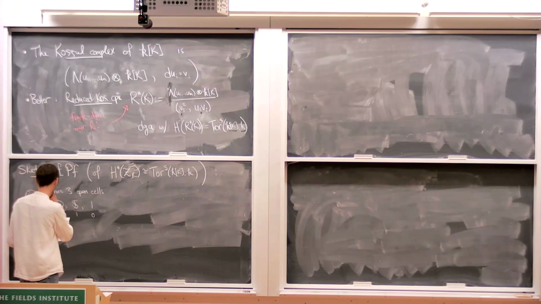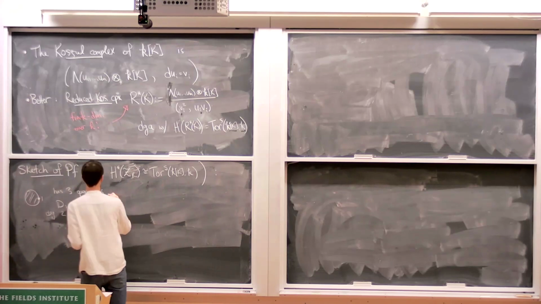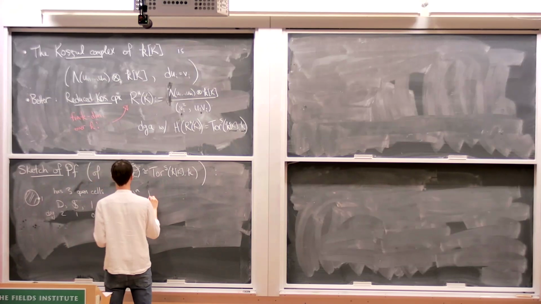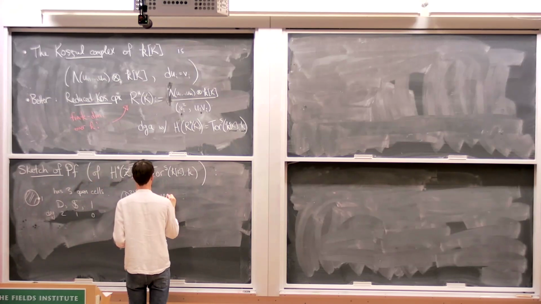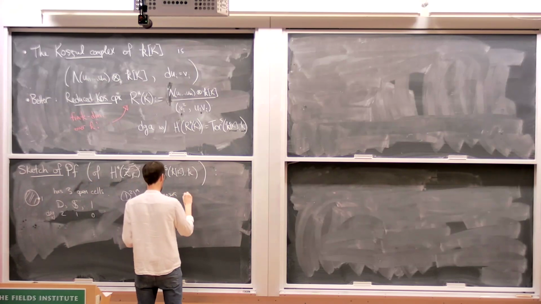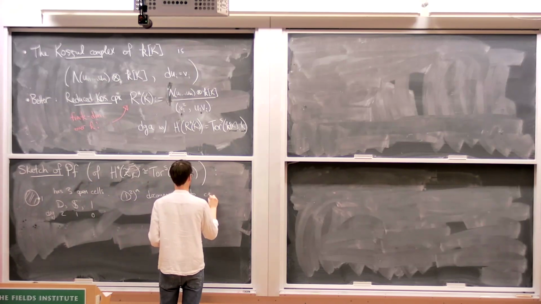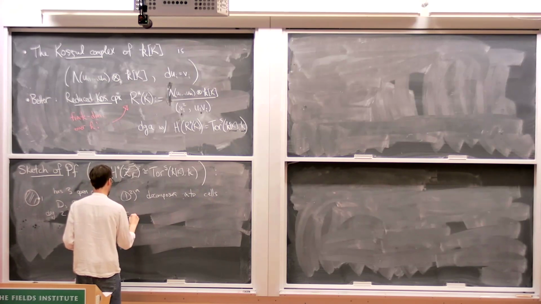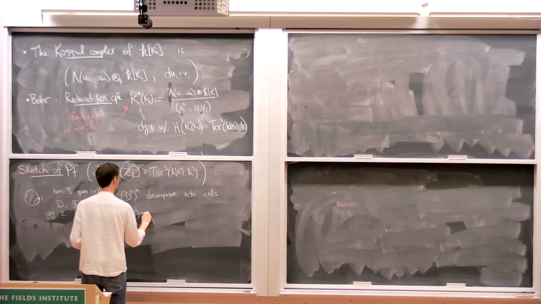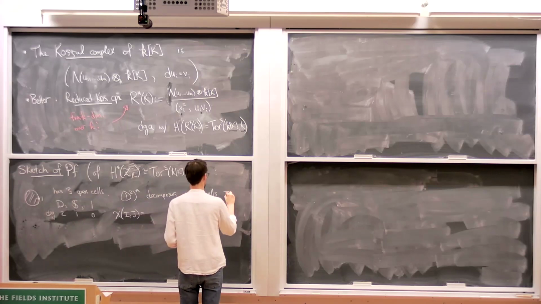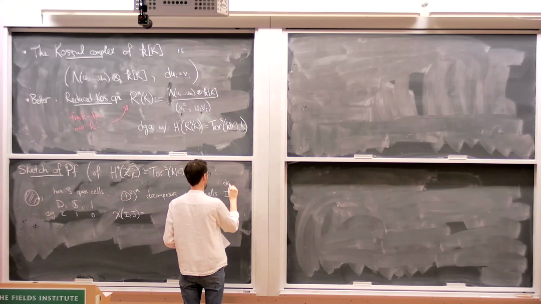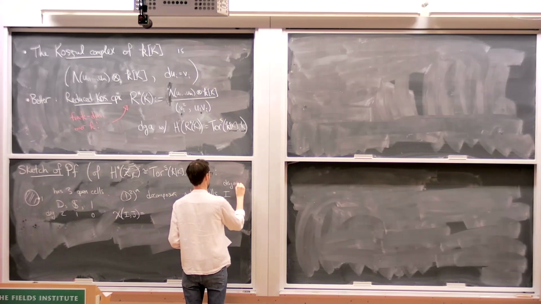So the sketch of proof is just going to be like this: (D^2)^m decomposes into cells I'm going to call chi_{I,J}, for any disjoint subsets I and J of our vertex set.